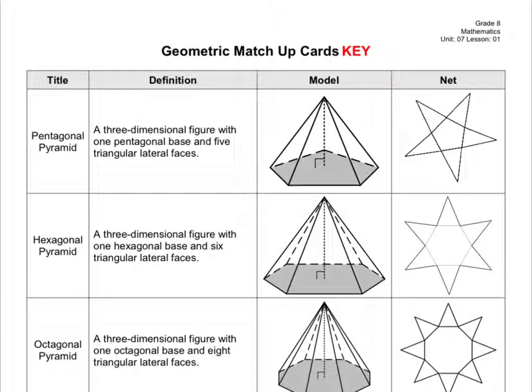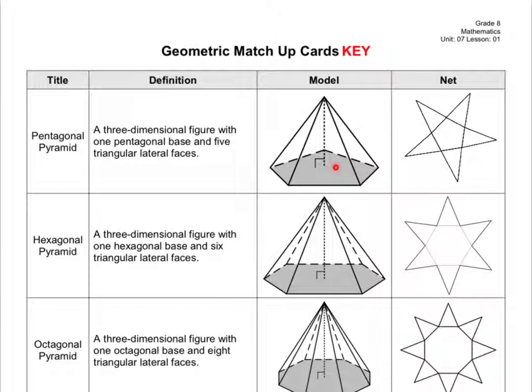So we have this pentagon pyramid. Again, we're looking at a three-dimensional figure with one pentagon base and 5 triangular lateral faces. So here's our pentagon base, and then 1, 2, 3, 4, 5.